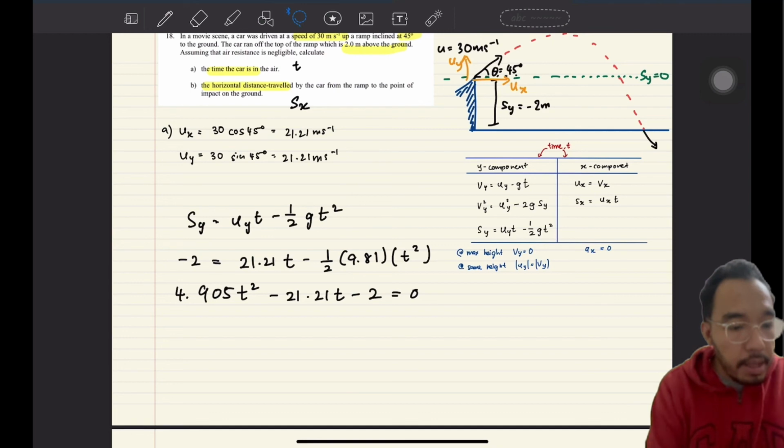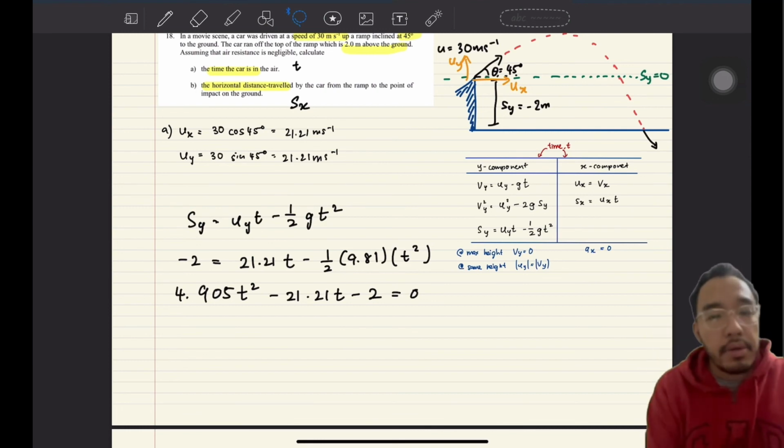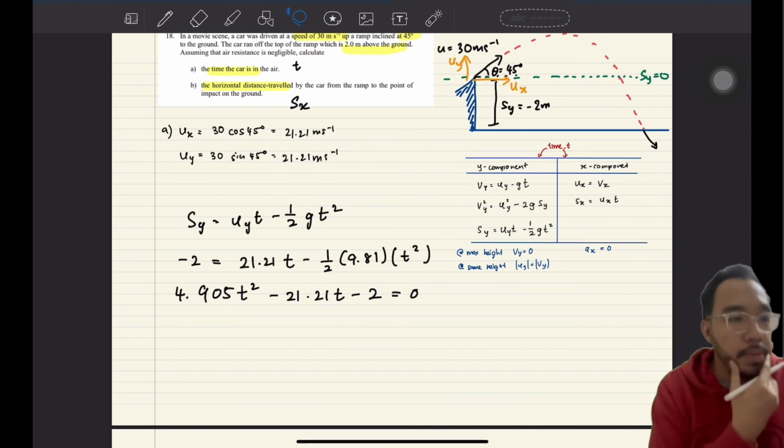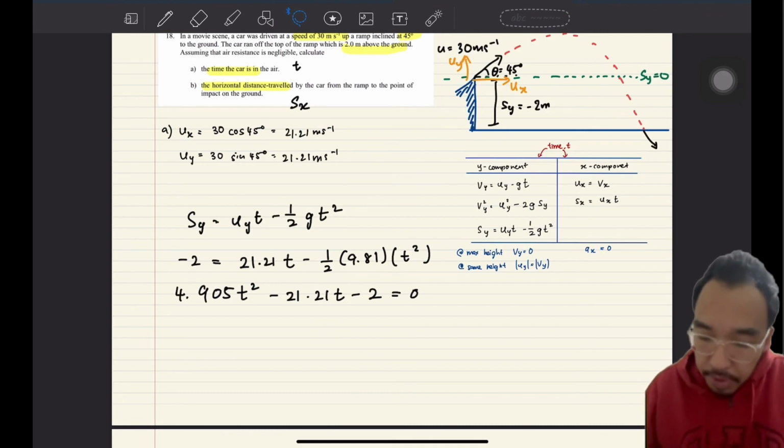Then I choose polynomial, degree 2, because you have t squared. Substitute 4.905, enter. Negative 21.21, enter. Negative 2, enter. I get 4.42.